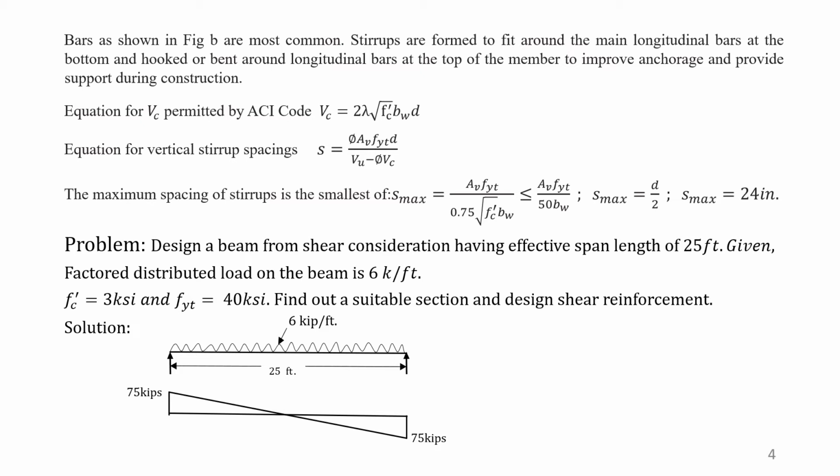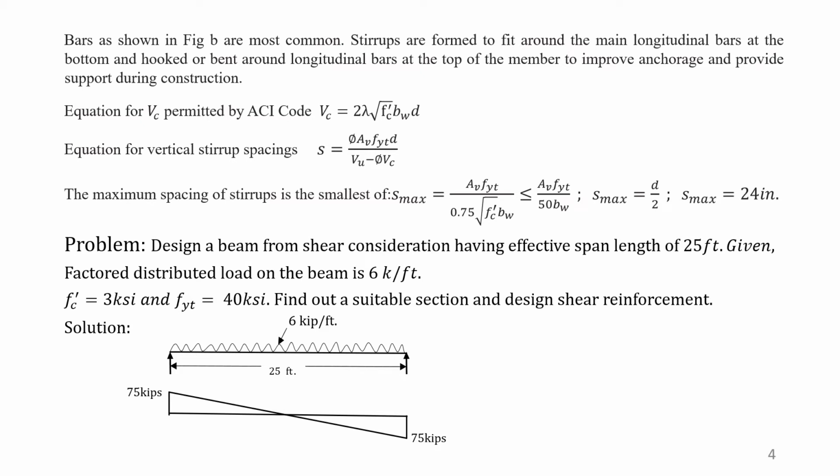And this much of theory we must know for designing shear reinforcement in the beam. Number one is the VC. Number two is the spacing equation. And number three is the maximum spacing relations.